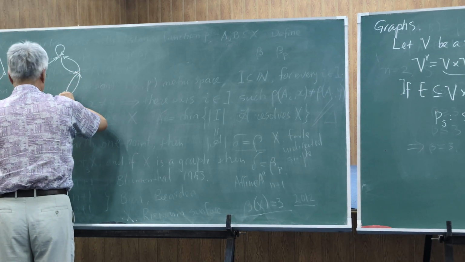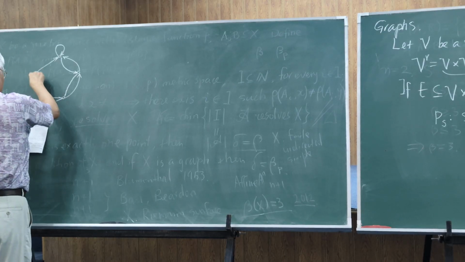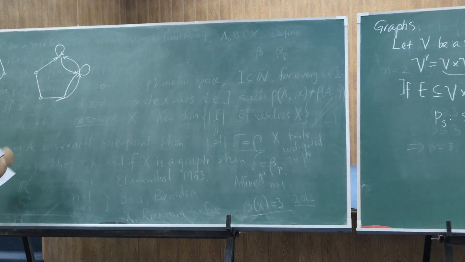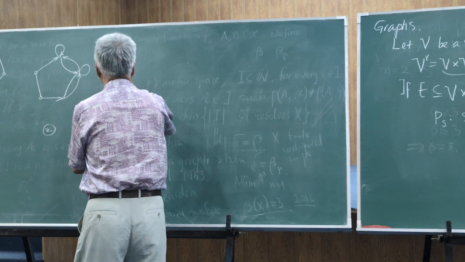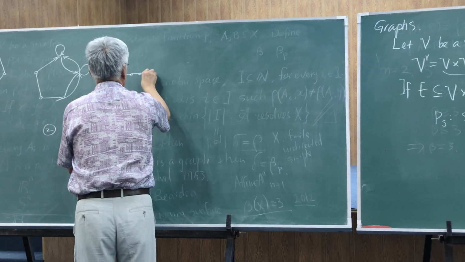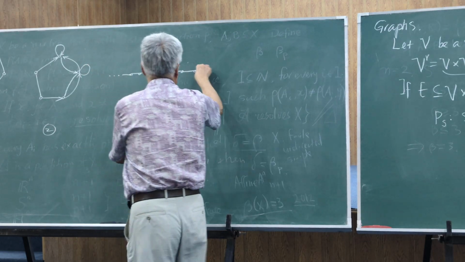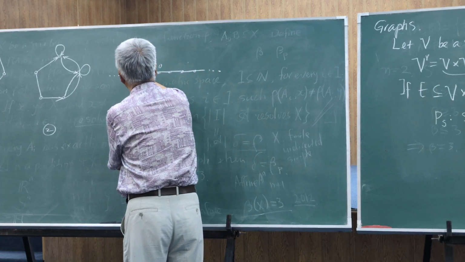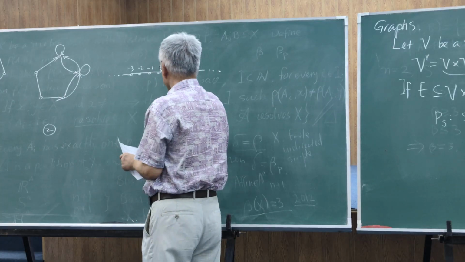There is no arrow here. There is an arrow here. There is no arrow here. And there is no arrow there. 0, 1, 2, 3, 1, 2, goes on.